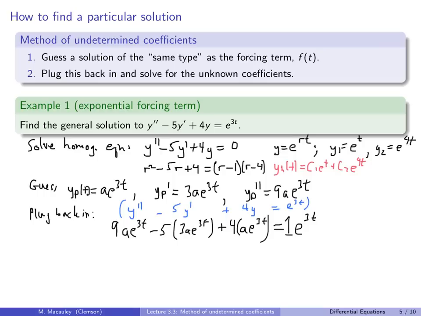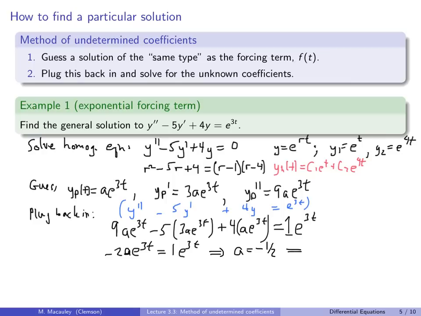So we have negative 2a e to the 3t equals 1 e to the 3t. So if that's true, then negative 2a must be 1. So a equals negative 1/2.